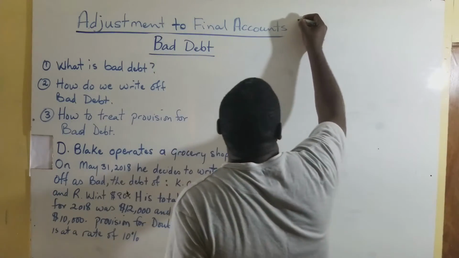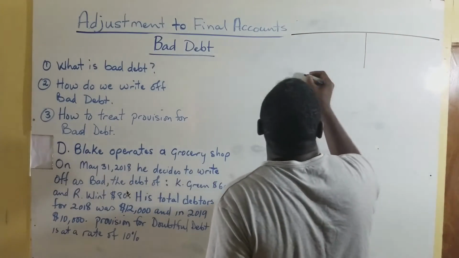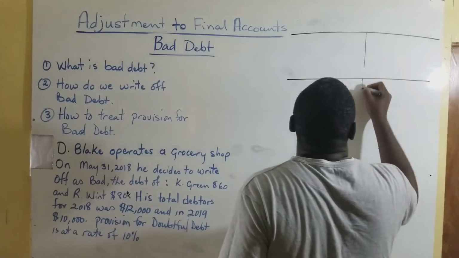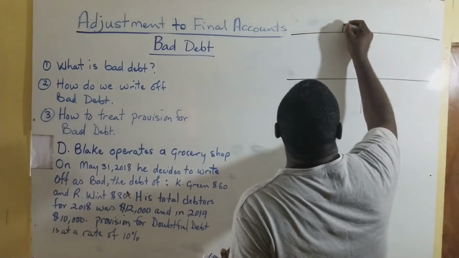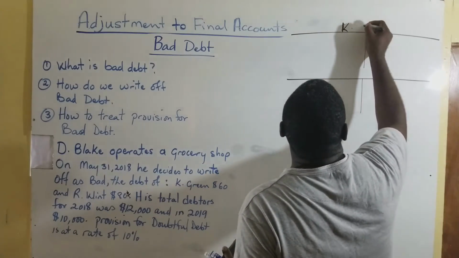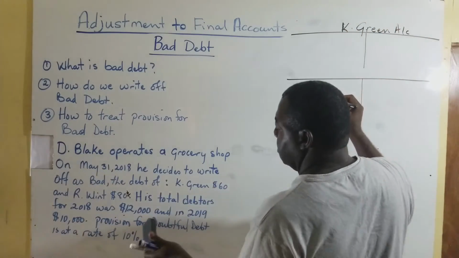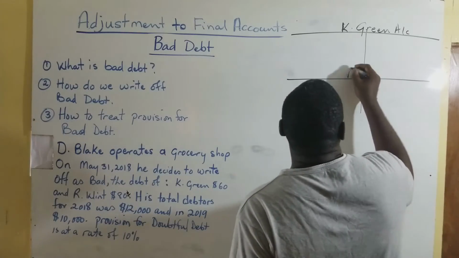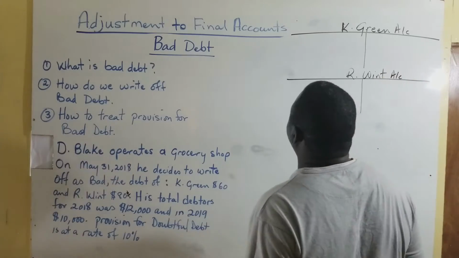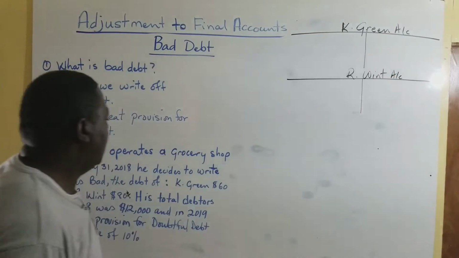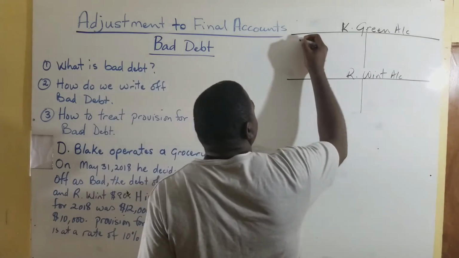The first thing we're going to do is open an account for these two individuals. The first one is K. Green's account, as well as R. Wint's account. All right. Now R. Wint and K. Green have some money outstanding for us as debtors.